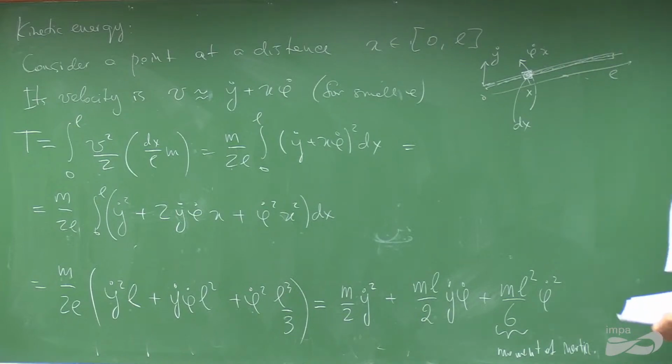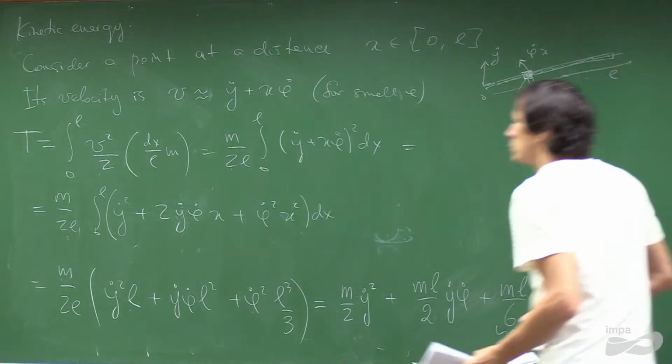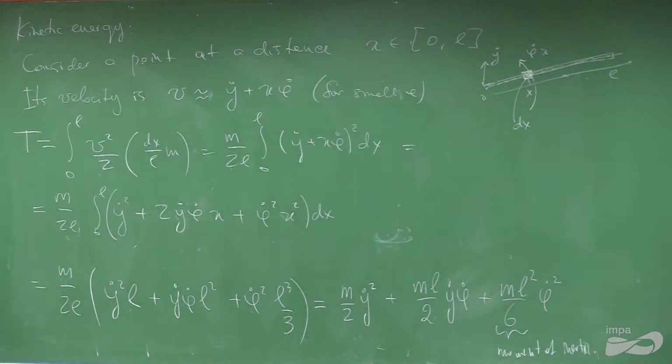Potential energy is easy. We have only elastic energy. There is no gravity, so we only need to take into account the two springs.